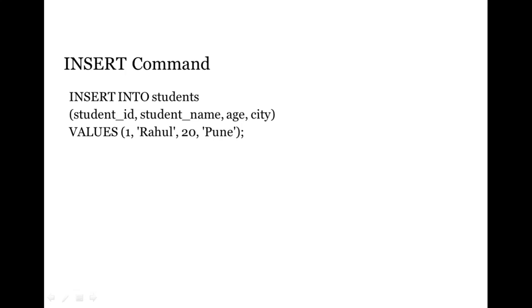So here we can write this particular SQL statement: insert into students. Inside parenthesis we need to provide column names, that is student ID, student name, age and city as per our table. Then values, we need to provide actual values here for the particular columns. So student ID 1, student name Rahul, age 20 and city Pune.